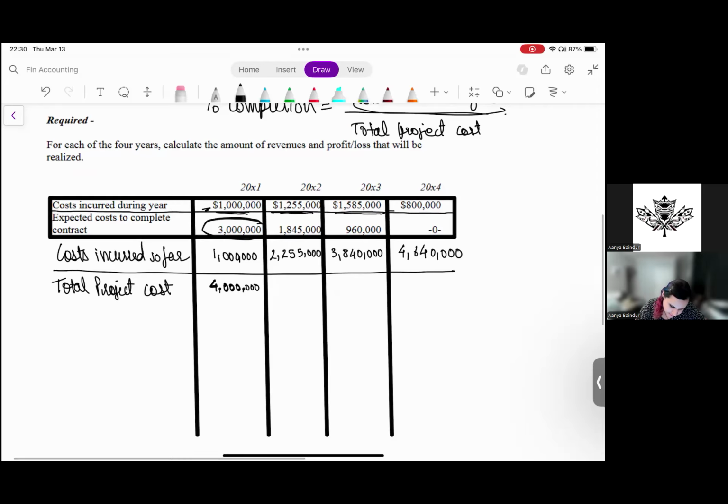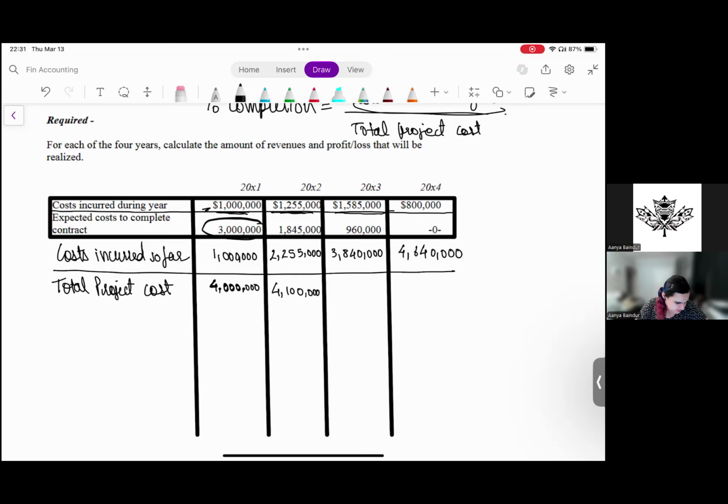Next, you have 1,845,000 and 2,255,000. Let's add them up. That gives us a total project cost of 4,100,000. And then we do the same for the next year. We add the costs incurred so far to the total expected contract cost.